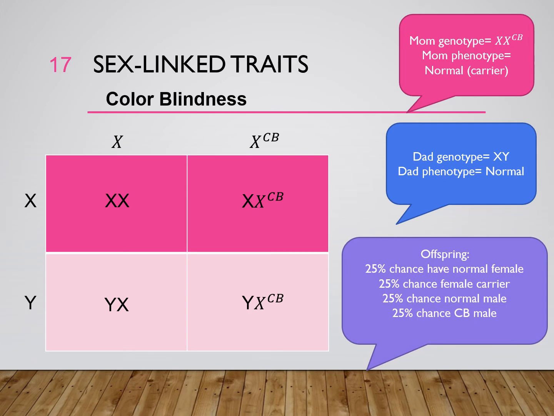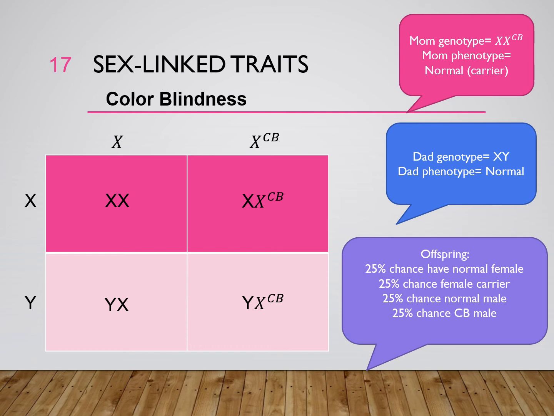In regards to offspring, if these two peeps decided to have a child, there's a 25% chance that they're going to have a normal female and a 25% chance they're going to have a female that is a carrier. Okay, so something else we can see here is that there's a 50% chance they're going to have a female and a 50% chance they're going to have a male, right?